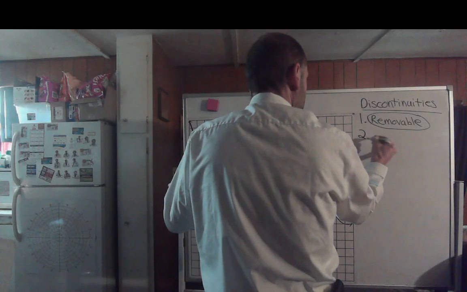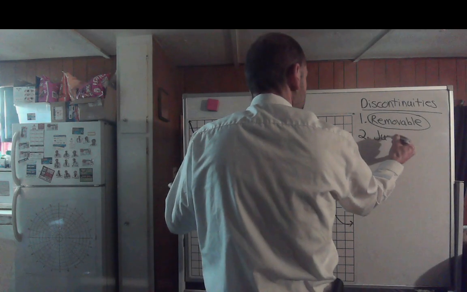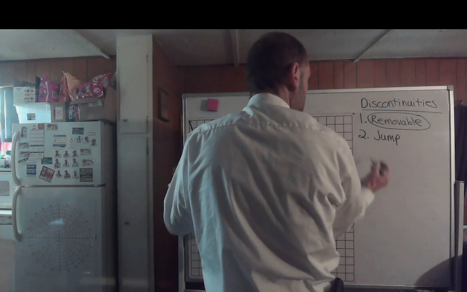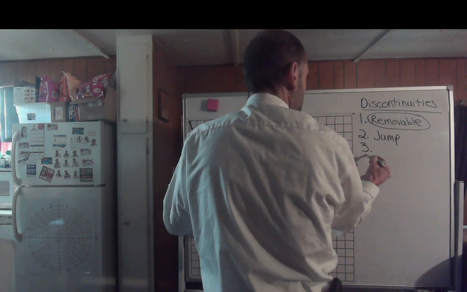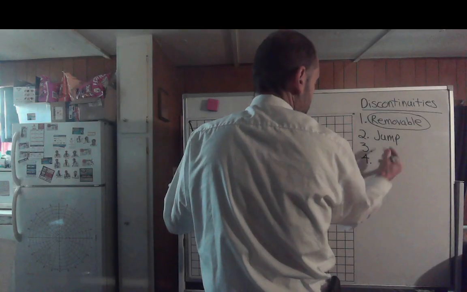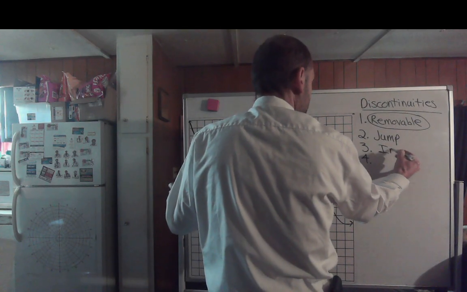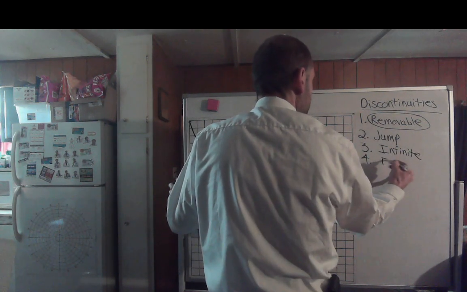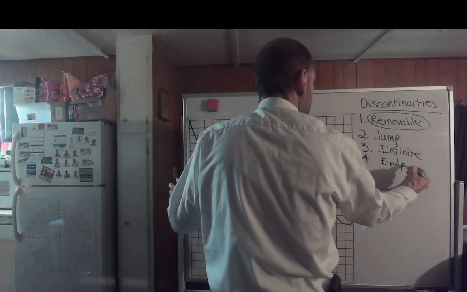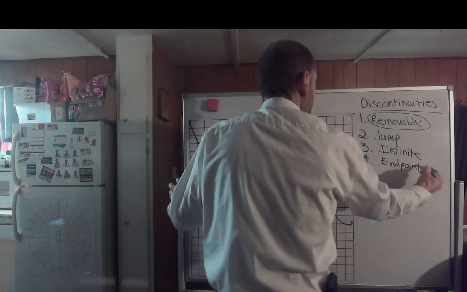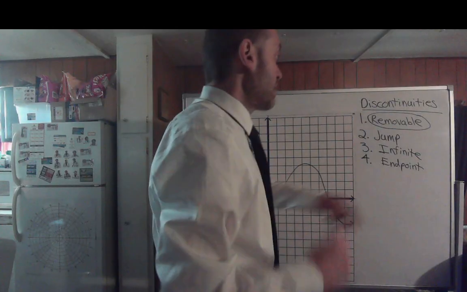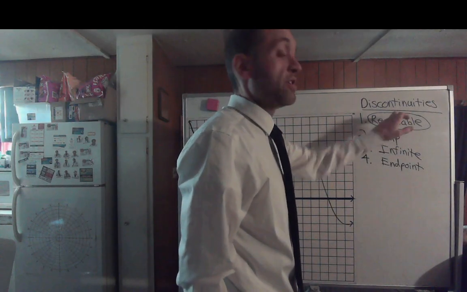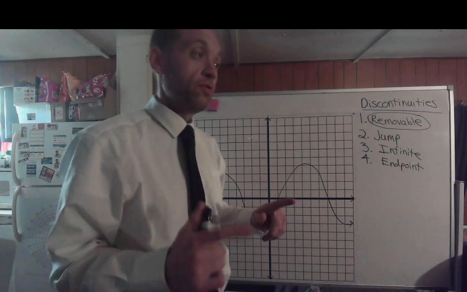In the next lesson, we're going to talk about jump discontinuities. In the 3rd lesson, we'll talk about the next 2 types of discontinuities called infinite and endpoint. So today's is about removable discontinuities, and you're going to see why we call them removable.